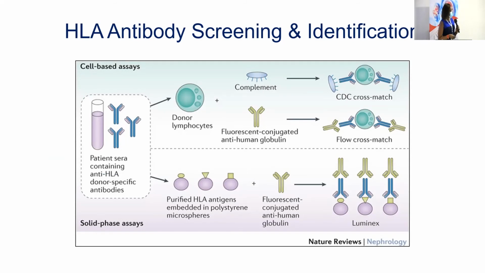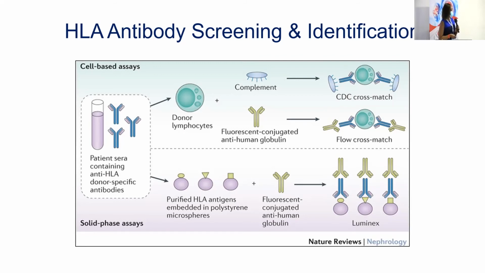There's one assay where they add complement. If you remember the complement system, once there's an antigen-antibody complex, it can activate complement, whose major effector function is to cause cell lysis, okay? So if there's antibody against target HLA on the donor cells and you add complement, there'll be lysis, and that can be evaluated to give a positive test.